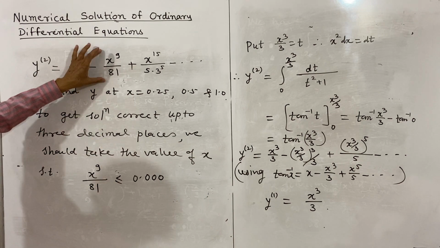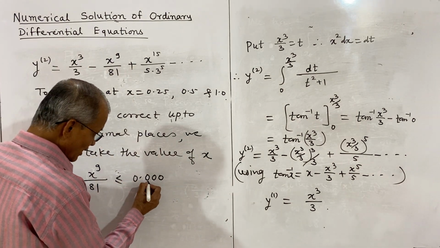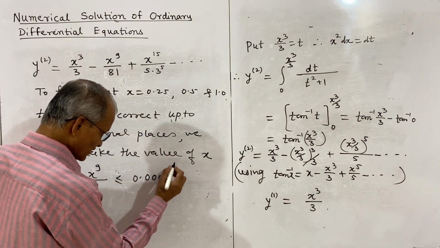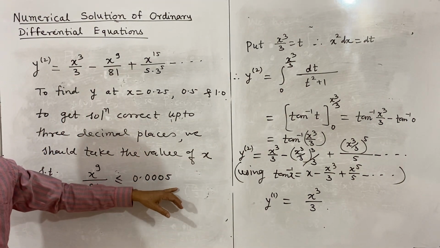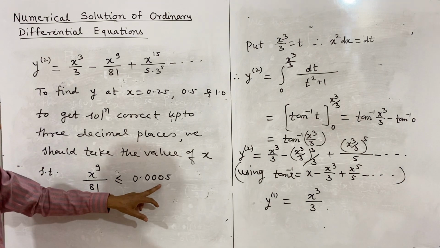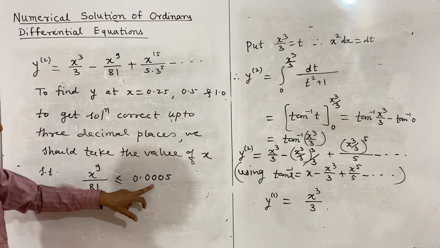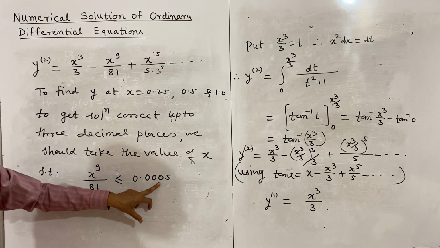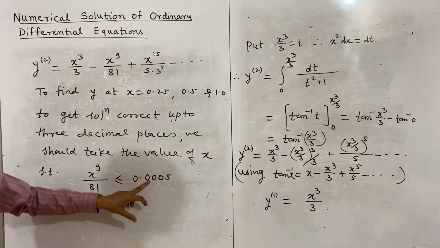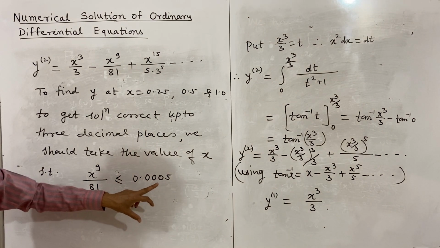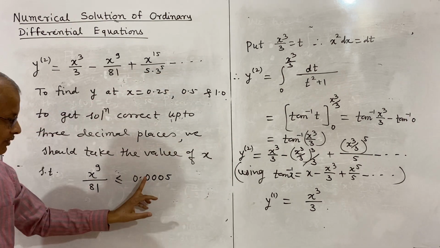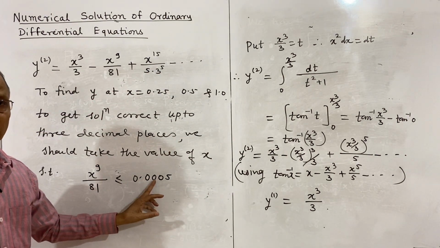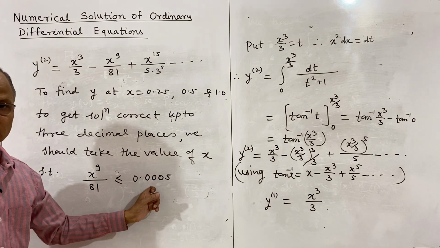If this value is less than or equal to 0.0005, say, where the fourth decimal may be 5 or any other non-zero digit, then the 3 decimal places are 0, and the further powers will also have at least 3 places with 0.